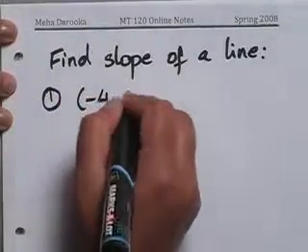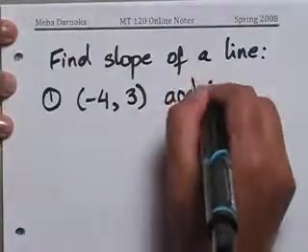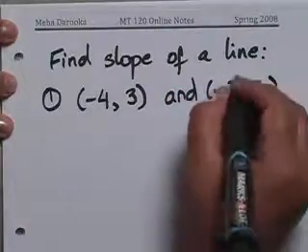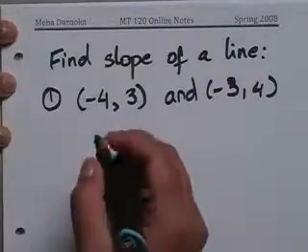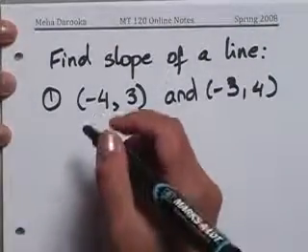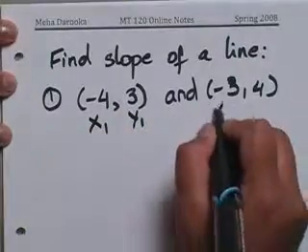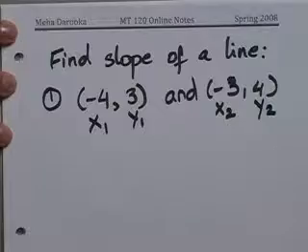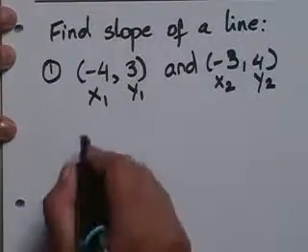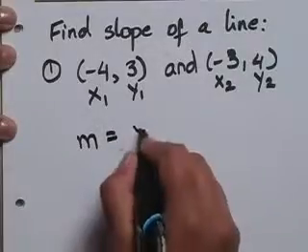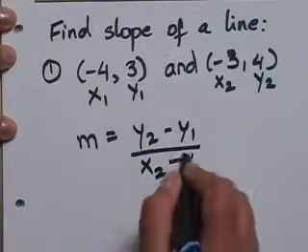You have the points -4, 3 and -3, 4 that belong to a line, and we are trying to find its slope. What I like to do when I'm working with slopes is to assign the points my x1, y1, x2, y2, and that helps me when I'm trying to substitute these values in my formula for my slope.